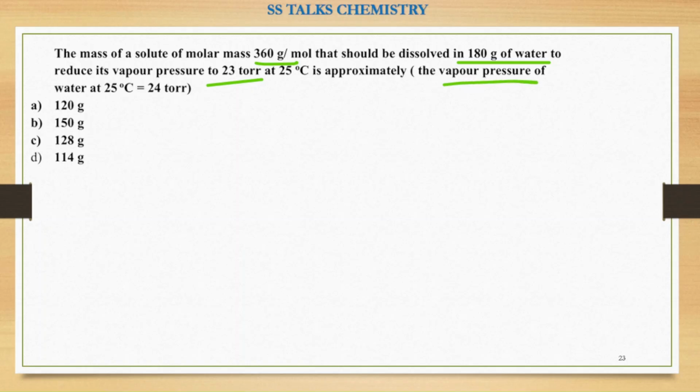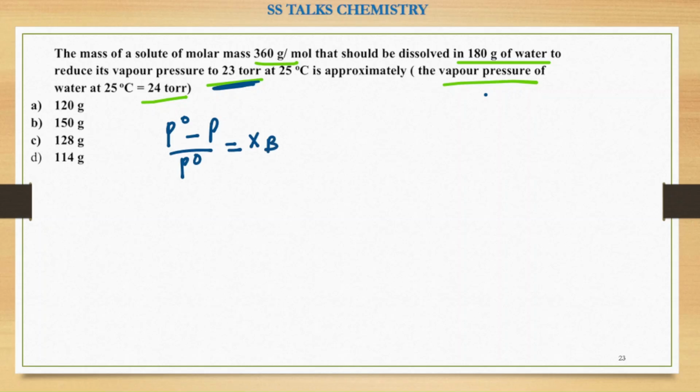The vapor pressure of water at 25 degrees centigrade is 24 torr. So for pure water the vapor pressure is this much, and after the addition of some solute it has reduced to 23 torr. What is the amount of solute we have added to get this much lowering in the vapor pressure? Okay, so P naught minus P upon P naught is equal to the mole fraction of the solute.